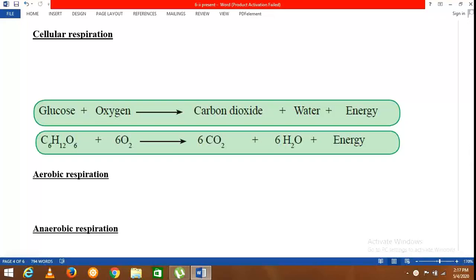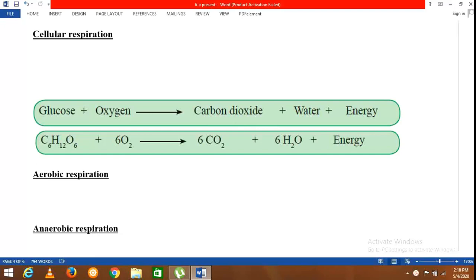We'll come to the third stage of respiration, that is cellular respiration. This cellular respiration is a set of metabolic reactions which takes place in the cells of organisms in order to convert chemical energy obtained from nutrients into energy stored in ATP.